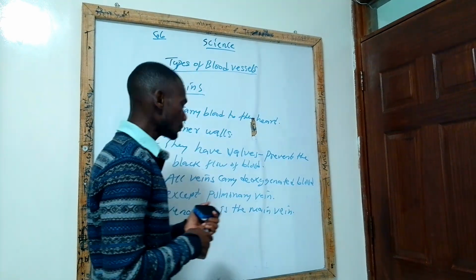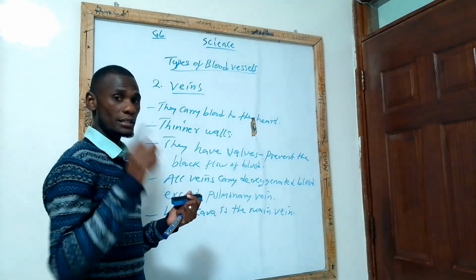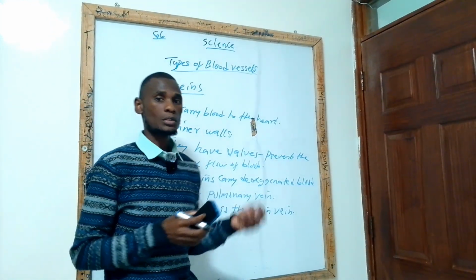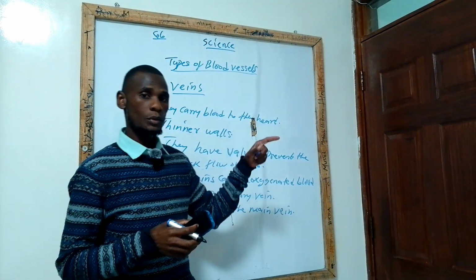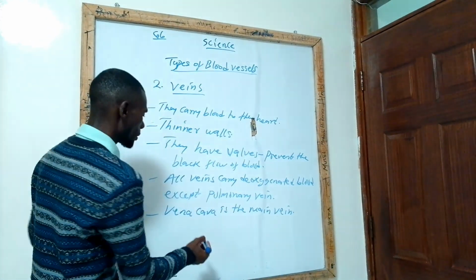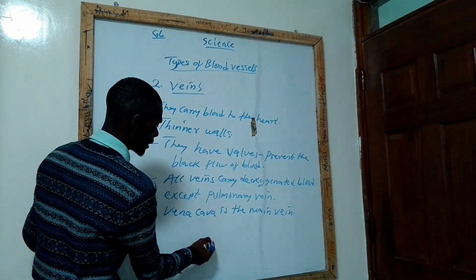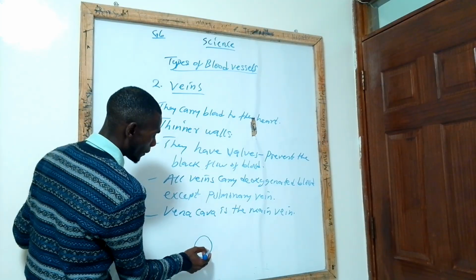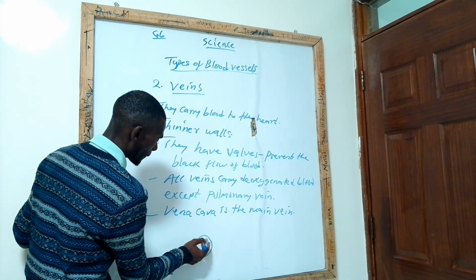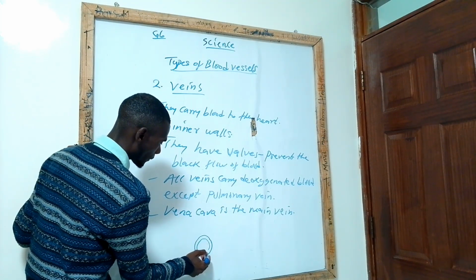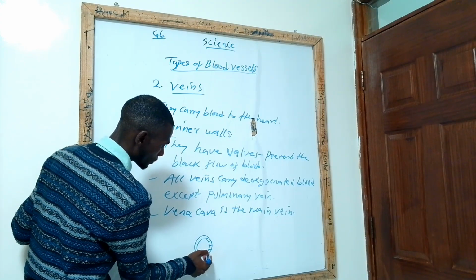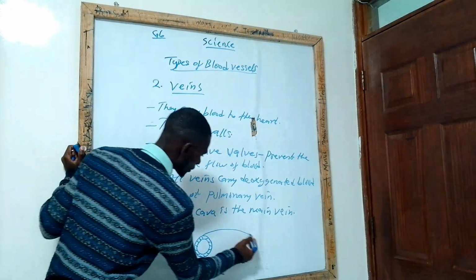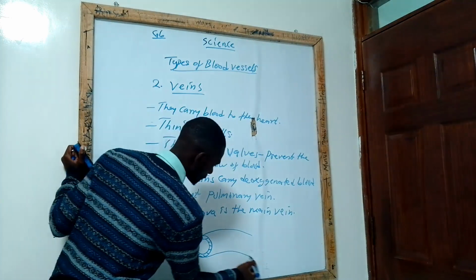Now, let us look at the structure, the difference, and I want you to look at the difference between these two diagrams. There was the artery which we drew, and now let us look at the vein. The vein might have the same size, but the walls must be thinner. So these are now what we call thin walls or thinner walls.